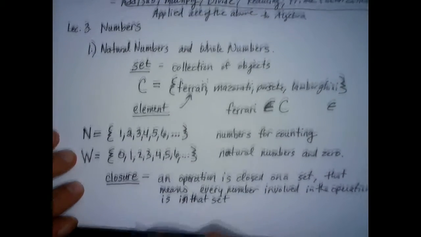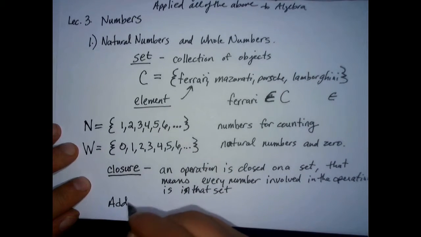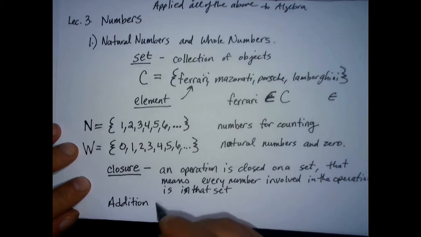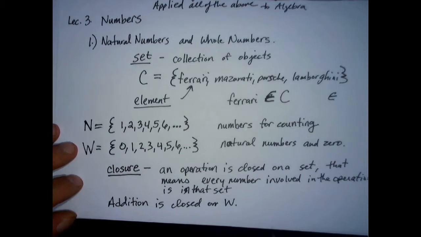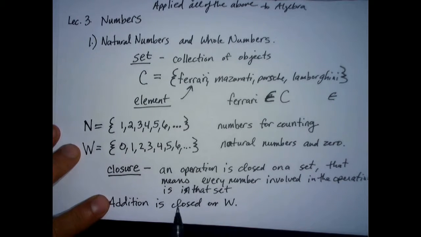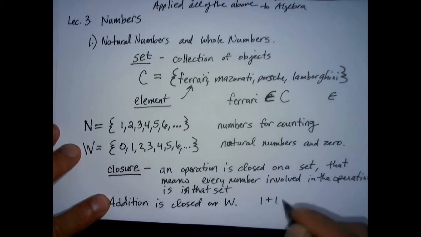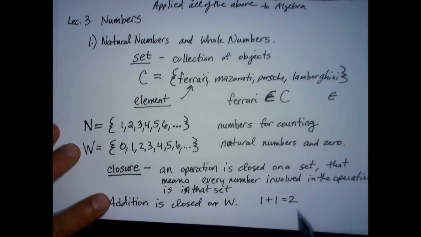For example, addition is closed on the whole numbers. Okay, so what addition is closed on the whole numbers means is any two whole numbers I add, I'm going to get a whole number. 1 plus 1 is 2. Pick one out of here, add them up, and the result will be in here. Same with multiplication.